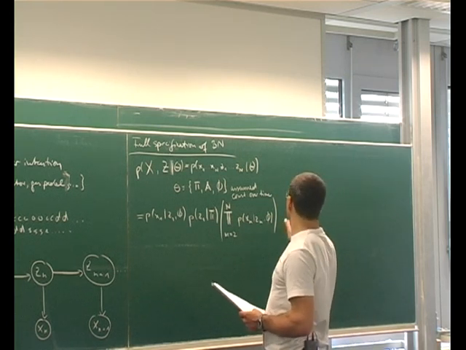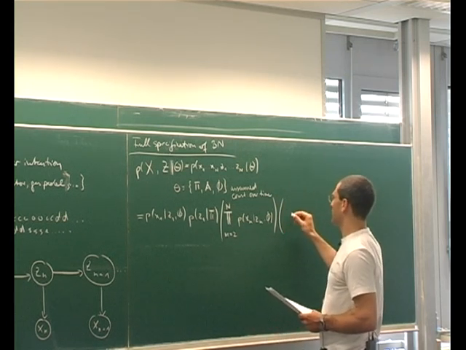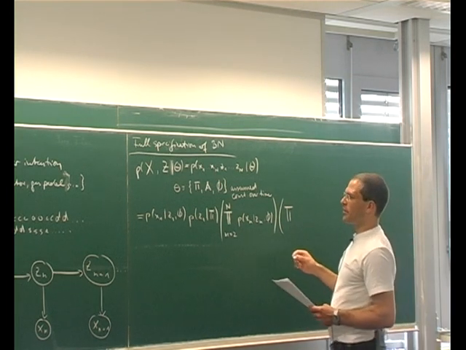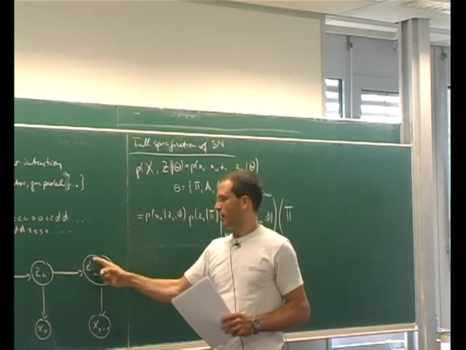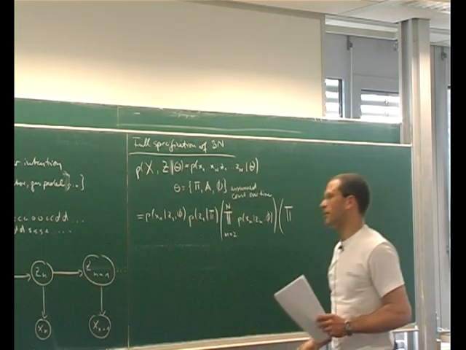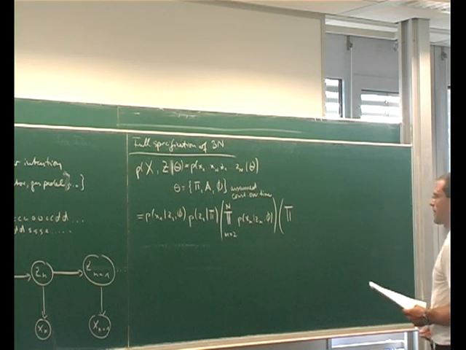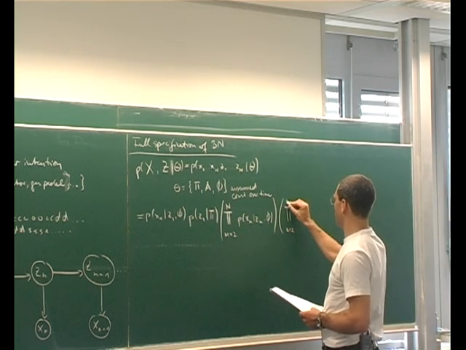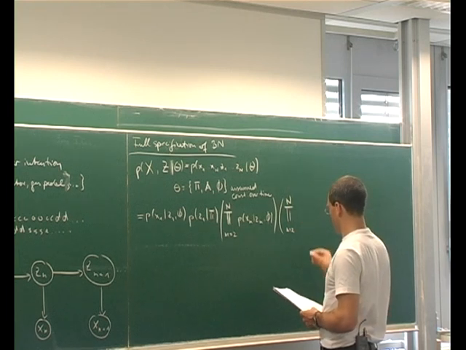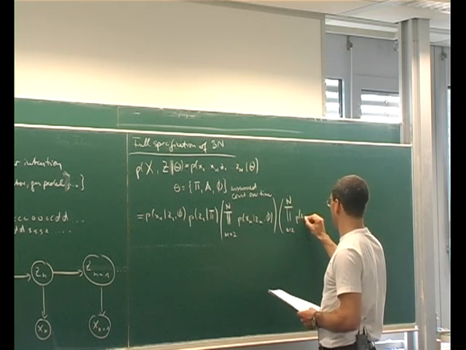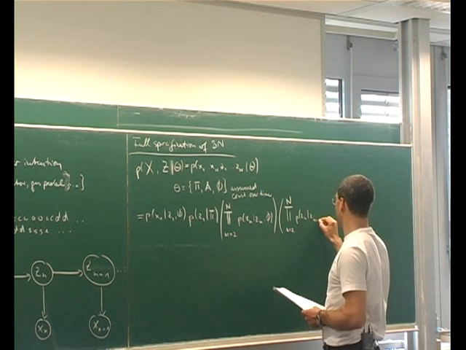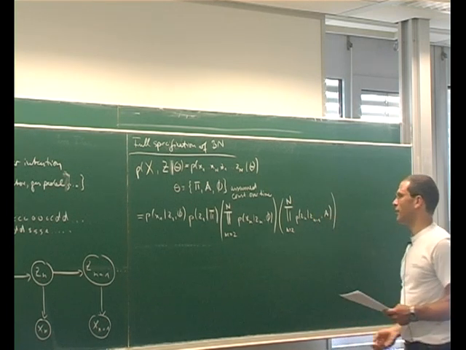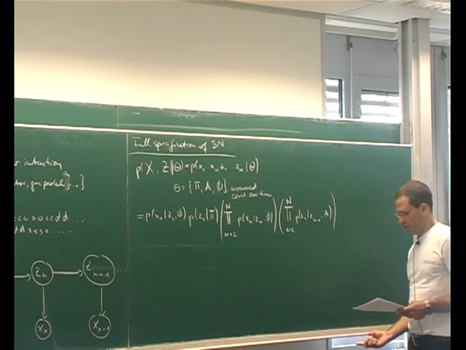And in addition, the probability of a given hidden state conditioned on the previous one, and that depends on this matrix A of transition probabilities.